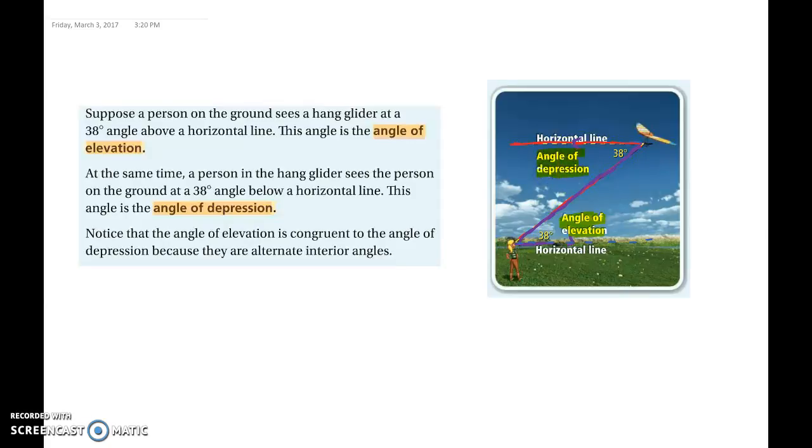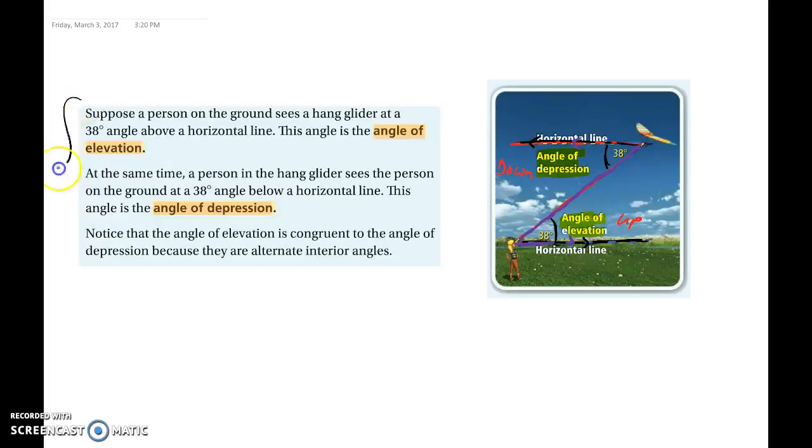So an angle of depression means that you are looking down, whereas an angle of elevation means you are looking up. And because these two lines are parallel, the angle of elevation and the angle of depression are congruent because they are alternate interior angles. So the angle of elevation of the woman looking up is the same as the angle of depression of the hang glider looking down. All right.